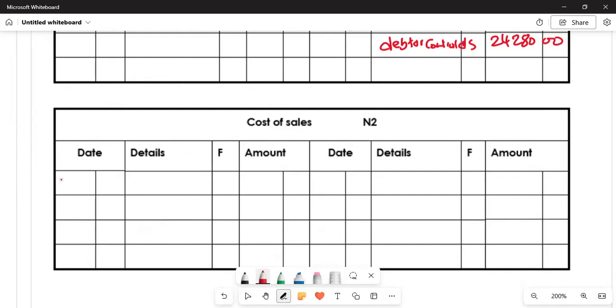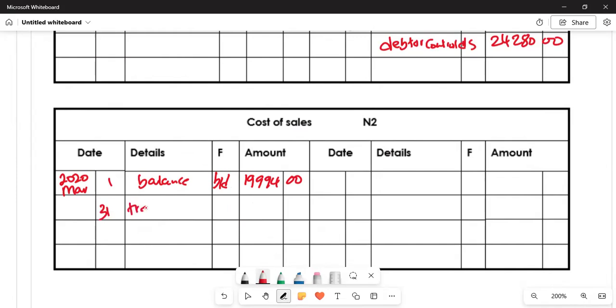So you're going to have 2020 March, which is the balance brought down. So the amount of cost of sales from the trial balance is 19,994. That is that.